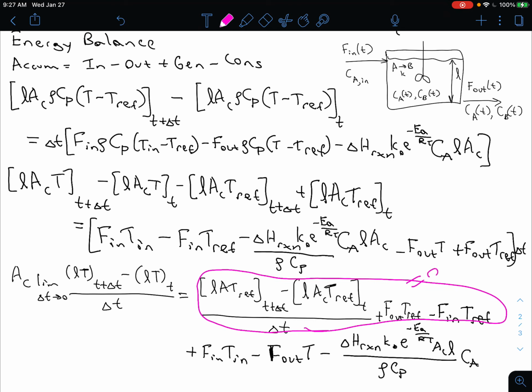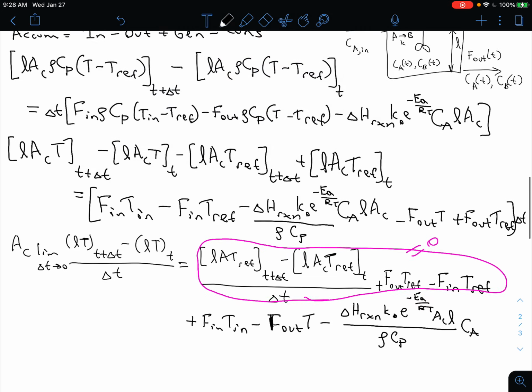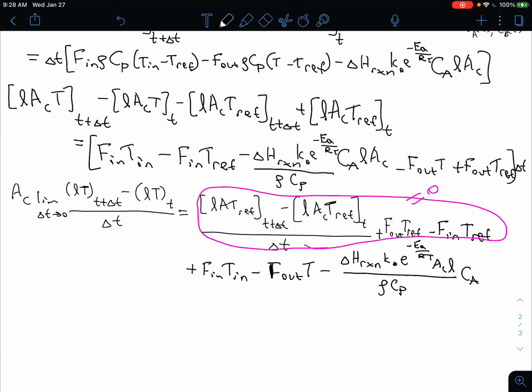For the time being, I'm going to say this is 0. I know that's hard to see, certainly not obvious, but we'll come back to that. I'm just going to finish formulating the differential equation for temperature, and then I'll come back to explaining why that set of terms adds up to 0. So let's just drop it for the moment.